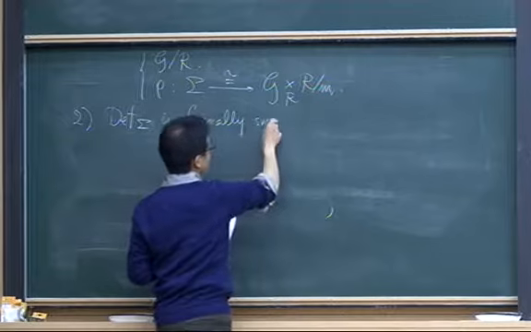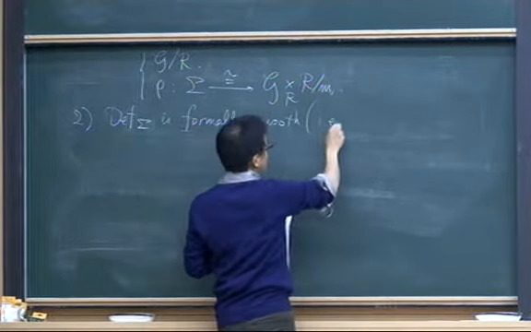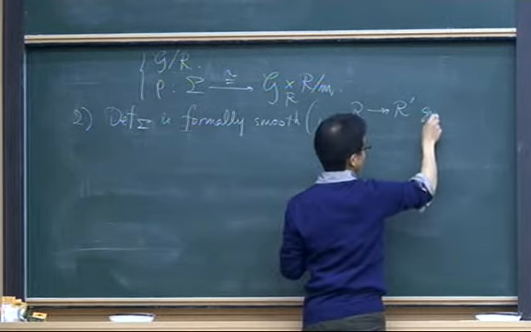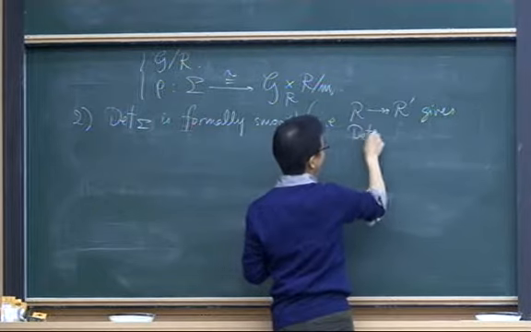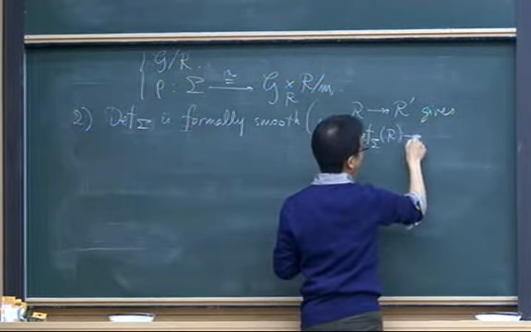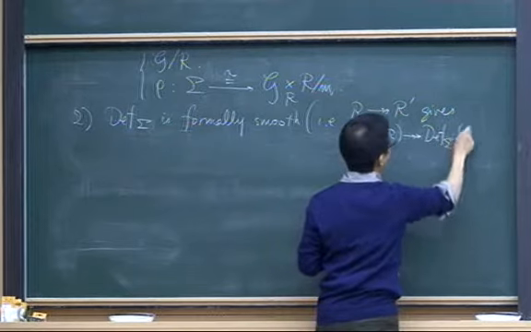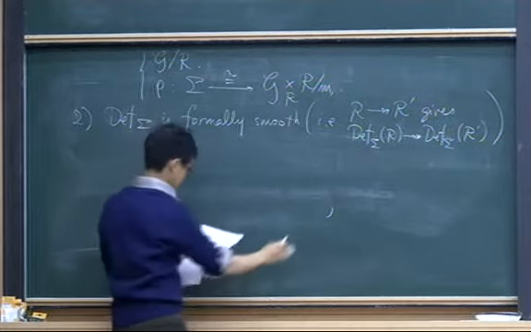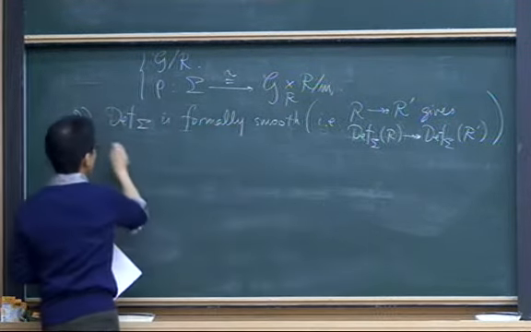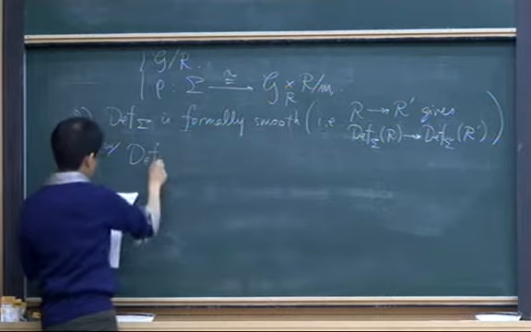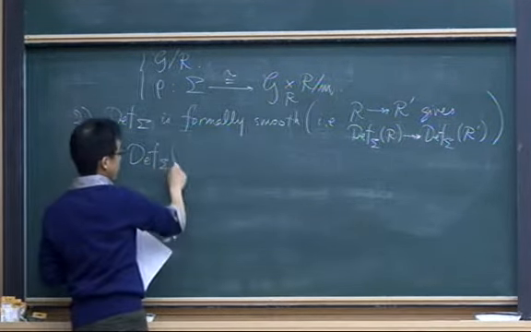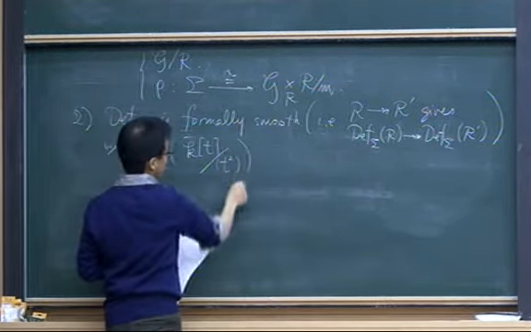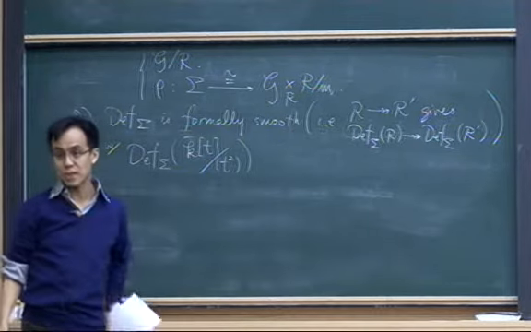This is formally smooth, which means that it's always liftable when you have a surjection. Now, when it's formally smooth, you only need to look at what it does on the ring of dual numbers, which is also called the tangent space of the deformation functor.